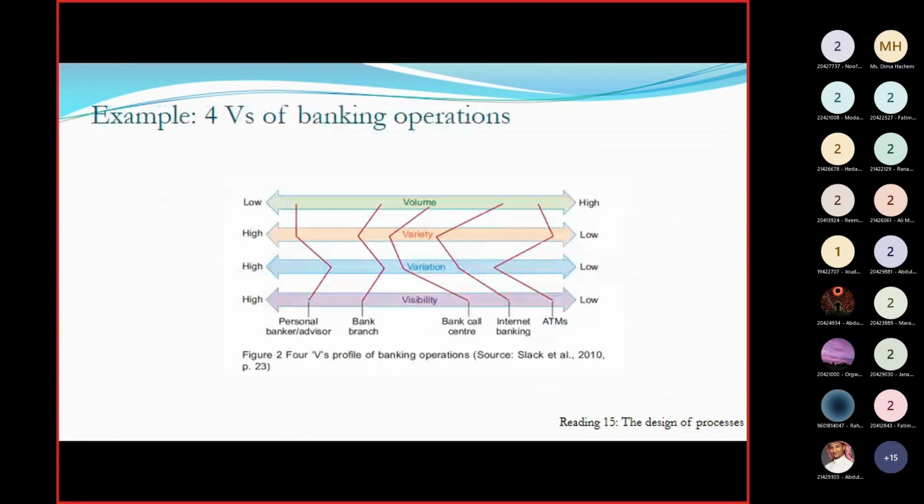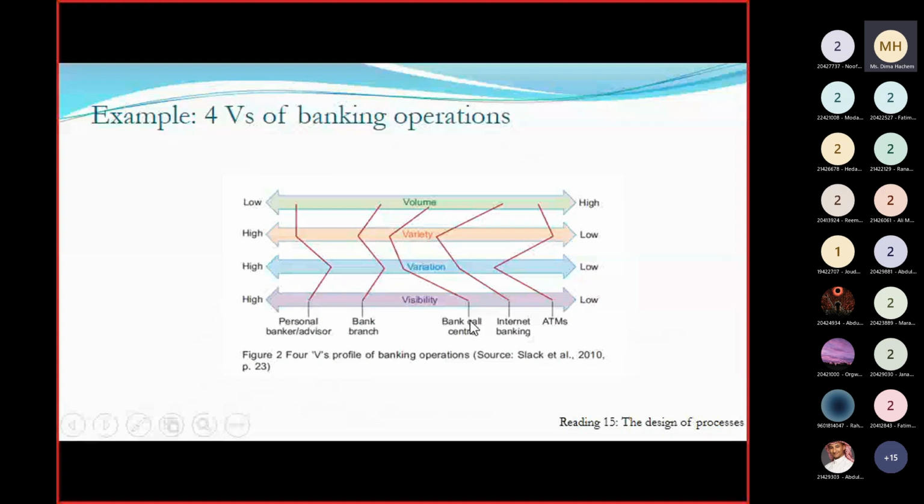So here we have an example of the 4 V's, the banking example. Of course, in banks, we have many services. You can use the ATM, you could use the website to transfer money or to pay bills.